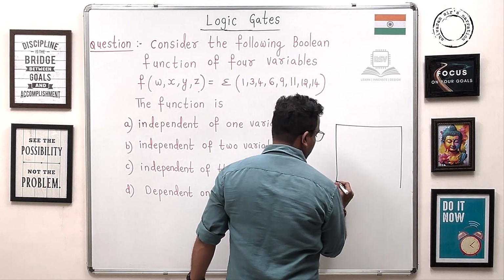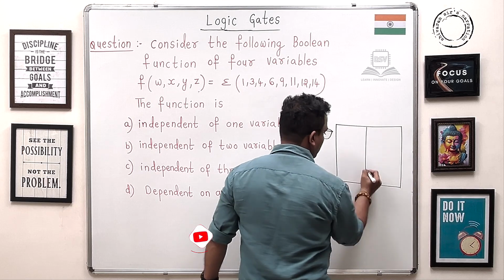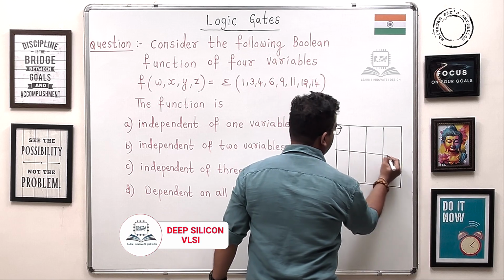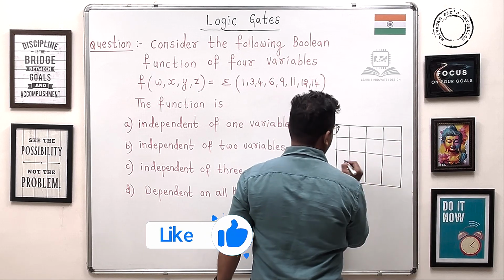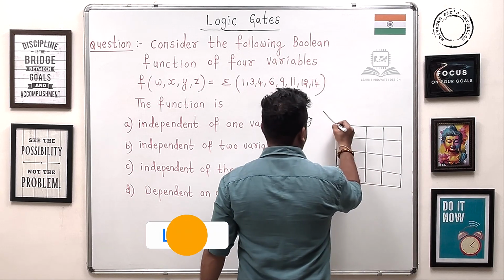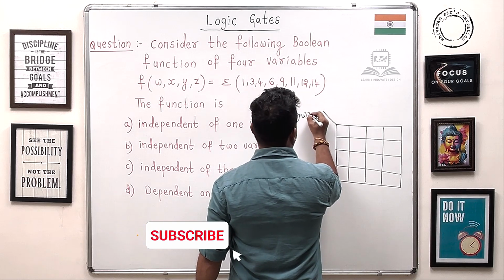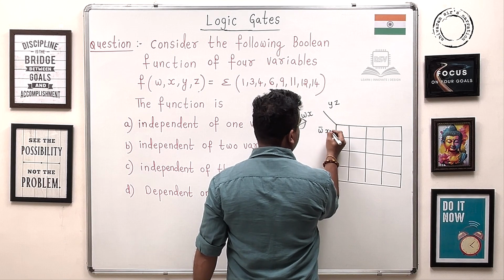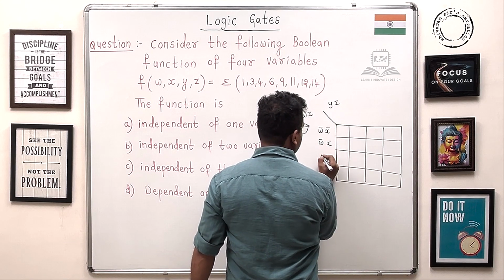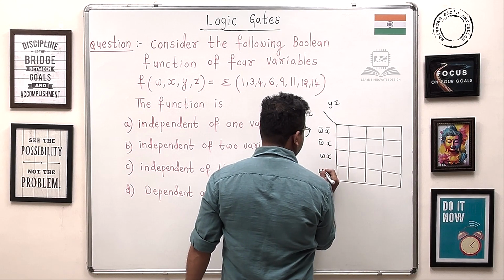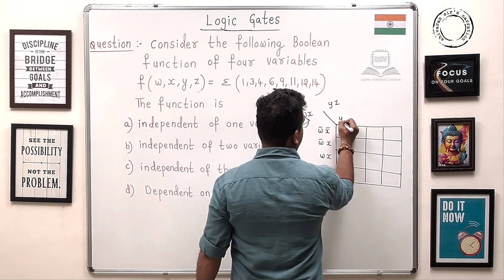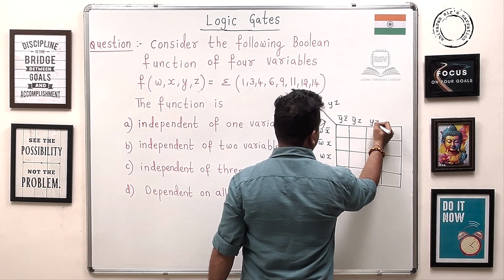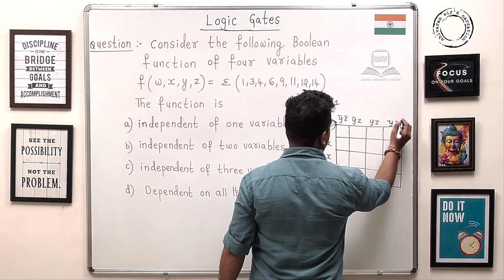Hope you know how to draw the 4 variable K-map. It is like this. Like this is wx, yz: w bar x bar, w bar x, wx, wx bar. Similarly, y bar z bar, y bar z, yz, yz bar.